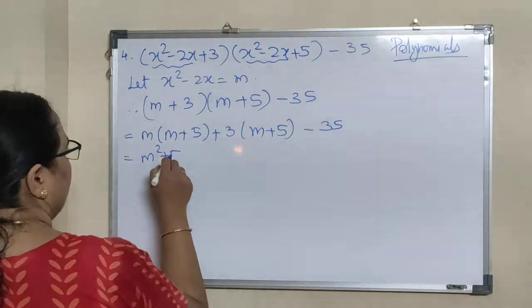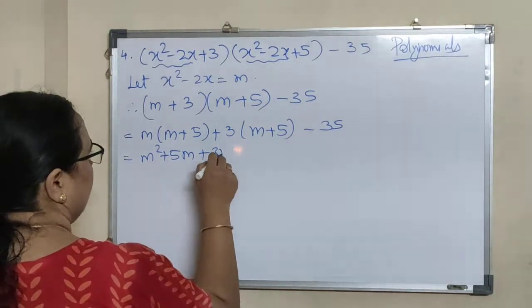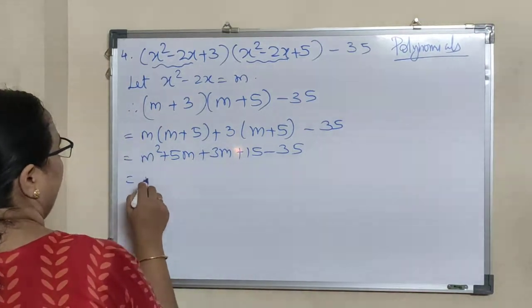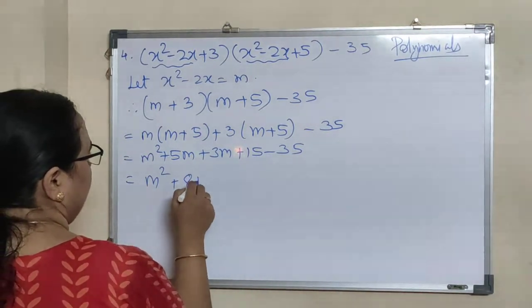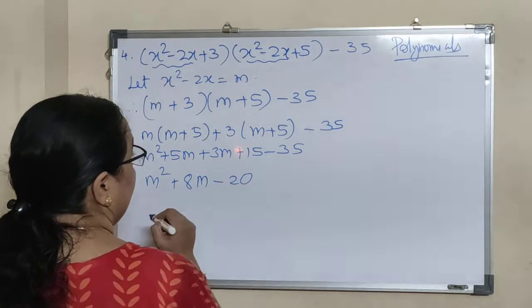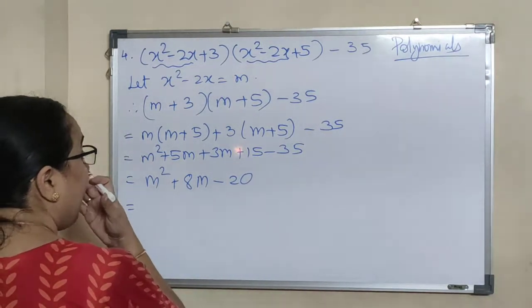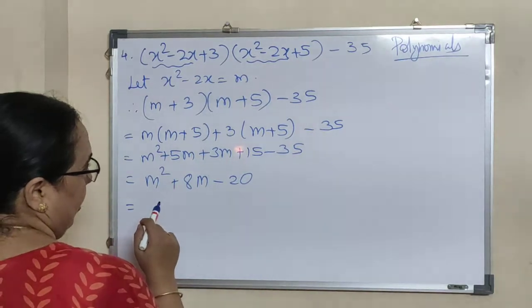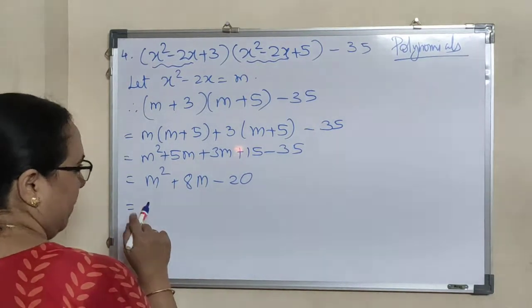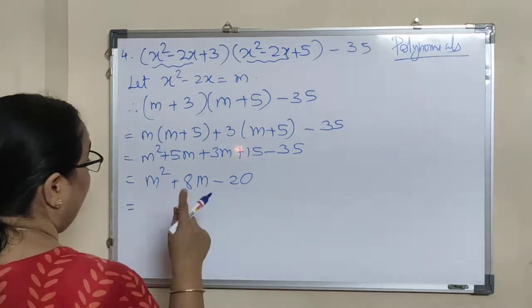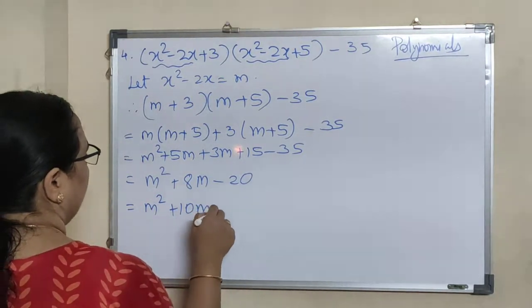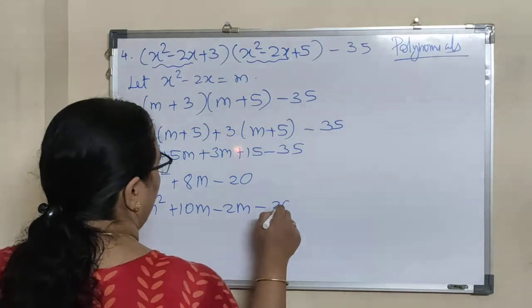M square plus 5m plus 3m plus 15 minus 35. M square plus 8m minus 20. Now split 20 to get 8. 10 twos are, minus 10 plus 10 minus 2. Okay, so m square plus 10m minus 2m minus 20.